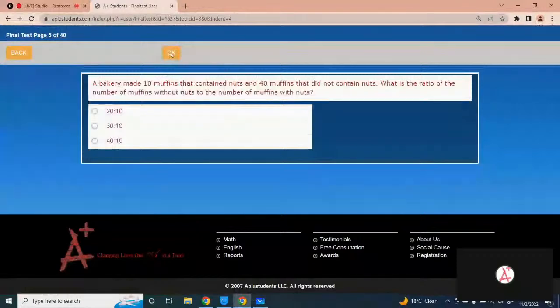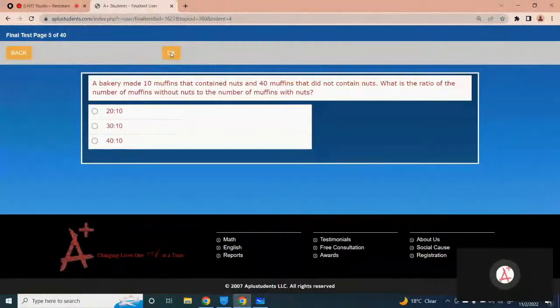Okay, a bakery made 10 muffins that contained nuts and 40 muffins that did not contain nuts. What is the ratio of the number of muffins without nuts to the number of muffins with nuts? Got it? So 40 muffins did not contain nuts, so it would be 40 ratio 10.